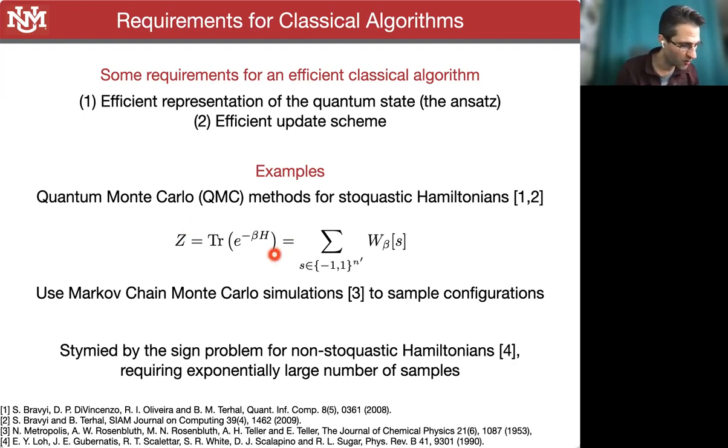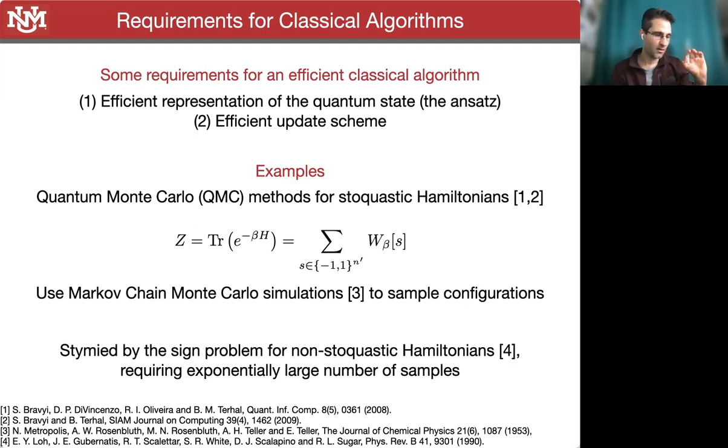So our quantum system could have been a system of n qubits, but now it could be a classical system of n prime classical spins. And how do we use this? Well, we could then develop Markov chain Monte Carlo simulations to basically sample from the probability distribution defined by these weights. And because we're starting with stochastic Hamiltonians, these weights are guaranteed to be positive, and this works out perfectly.